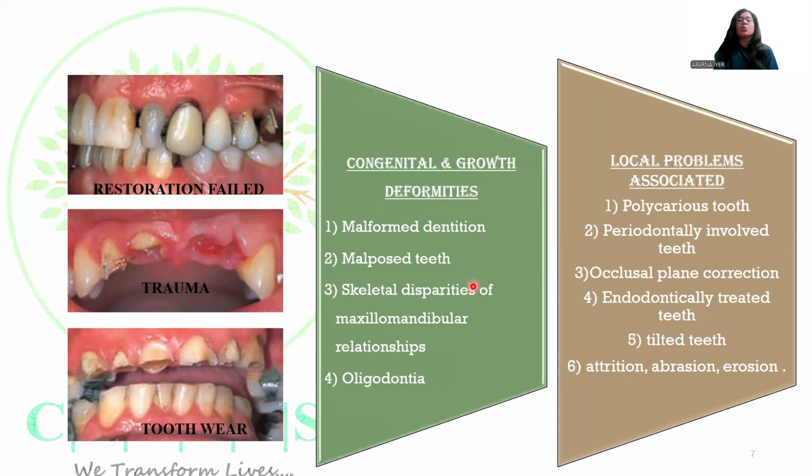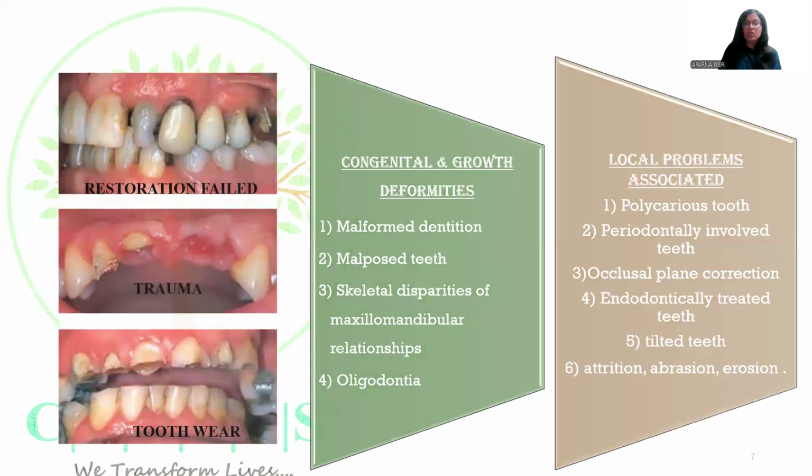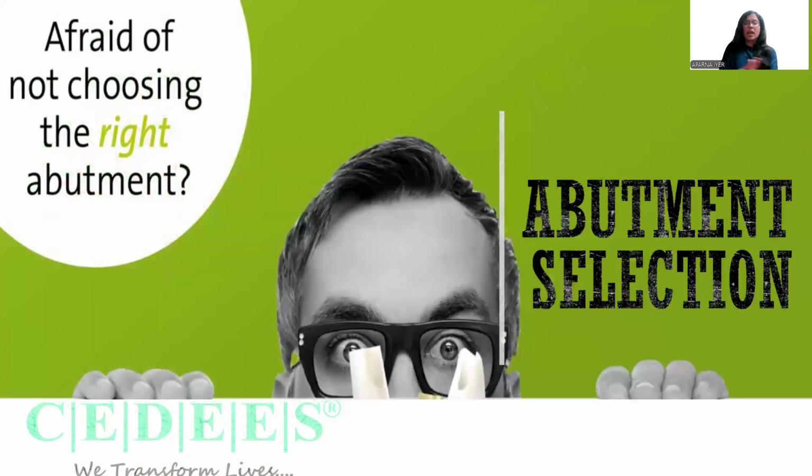Other defects include skeletal discrepancies, wherein your teeth are proclined due to a class 2 or class 3 skeletal jaw relationship, or the tooth is defective in number. Or the teeth are placed in a crisscross manner, or there is severe crowding, which does not serve as an ideal abutment.